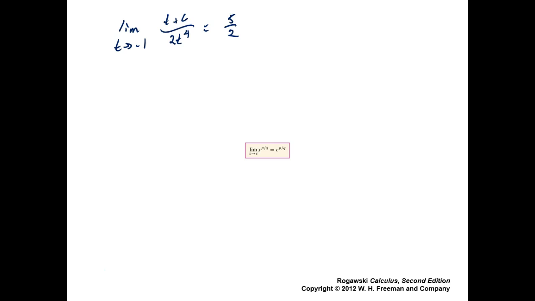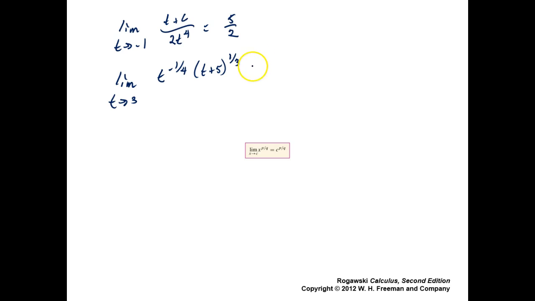Let's do the next one, the limit as t approaches 3 of, make sure I get it right, t to the -1/4 times t plus 5 to the 1/3.